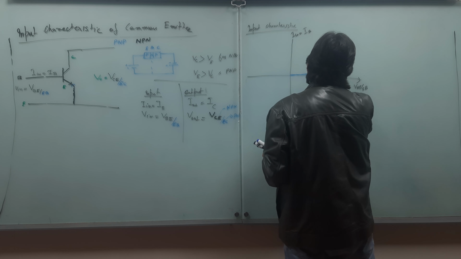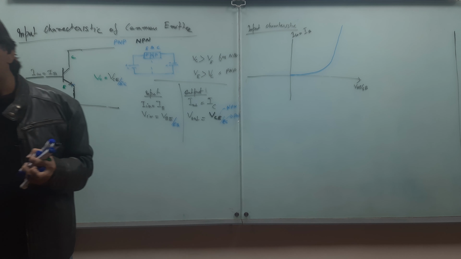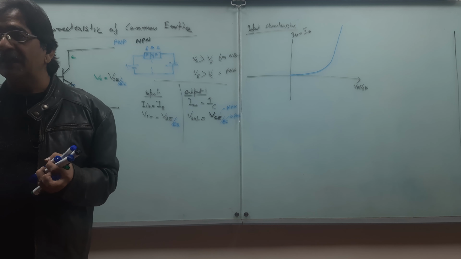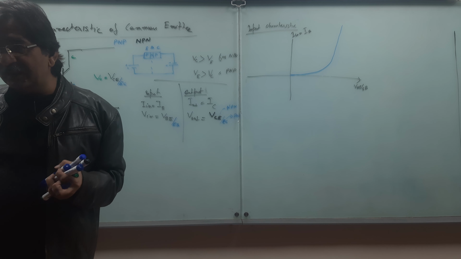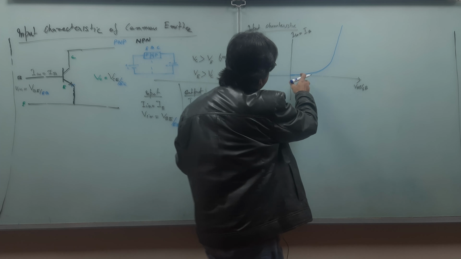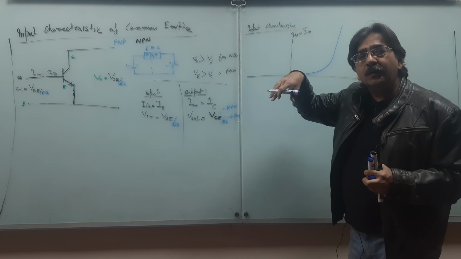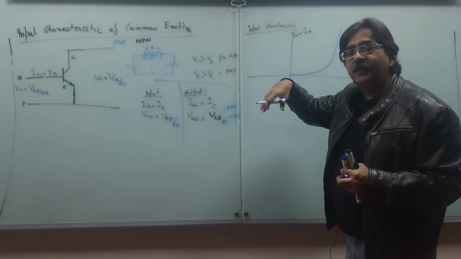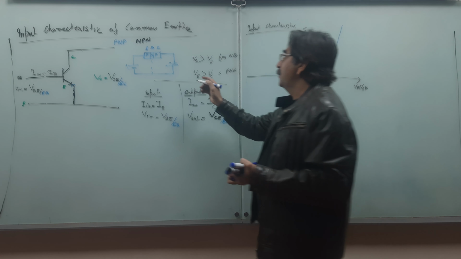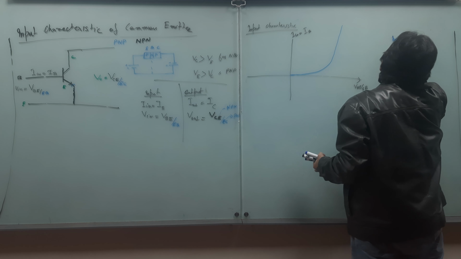The input characteristic is the same as the common base transistor. But what is the difference? I will explain. With increasing voltage, the base current will be increased proportionally. Because why? Simply the width of the base.